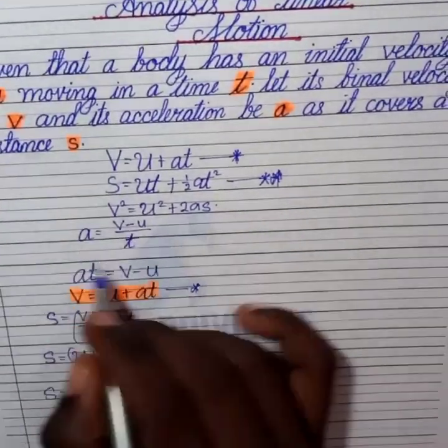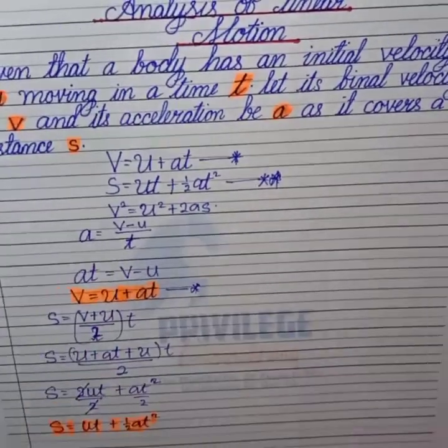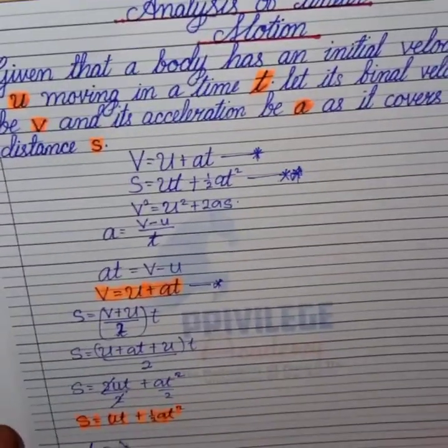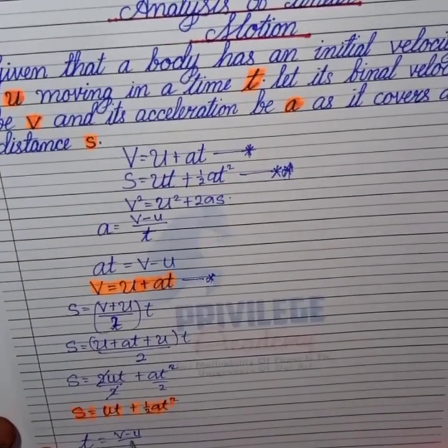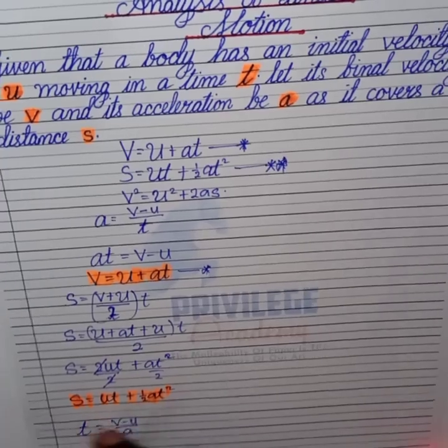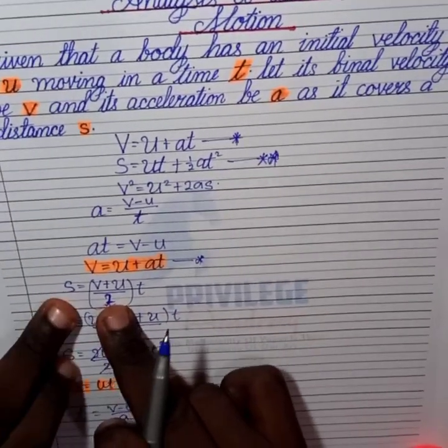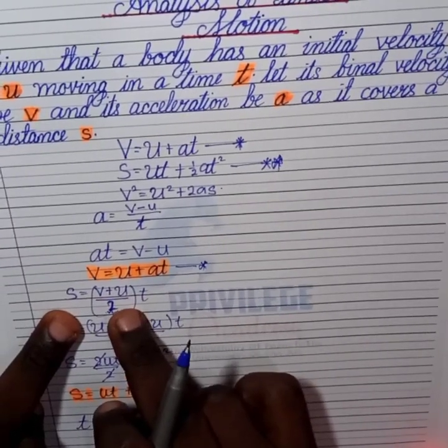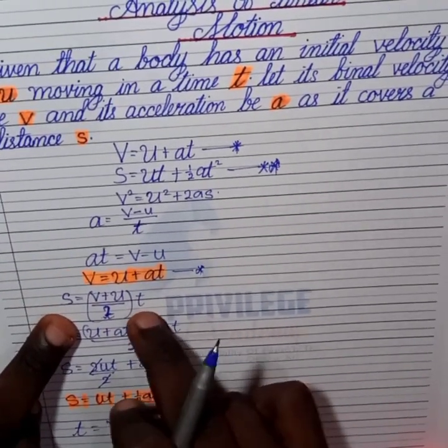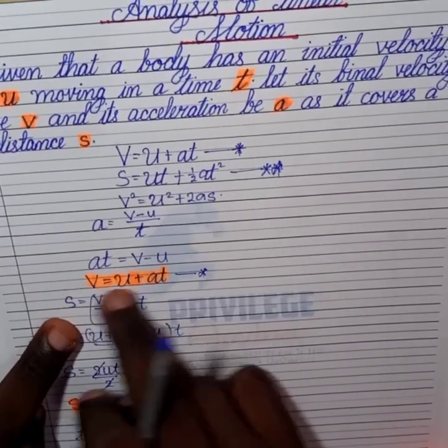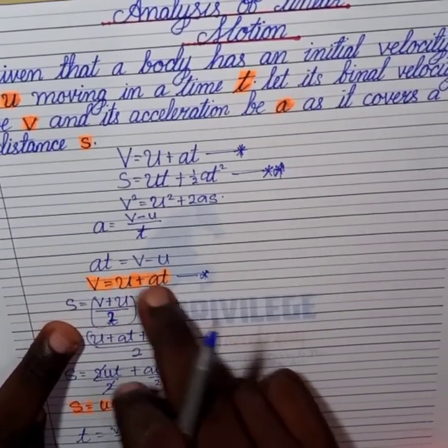So I will have that t equal v minus u over a. Then I'm going to slot this t into the average speed formula. The other time I slotted v into this equation, so this time around I'll be slotting for t.